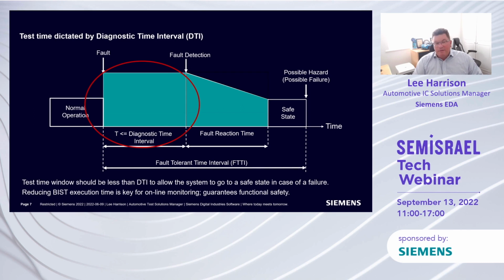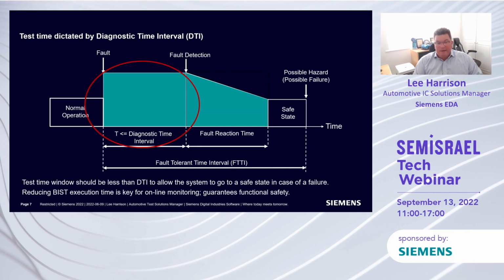The other parts of this graph show that once we've detected the fault, there's a reaction time, and for example, this is the time that the rest of the vehicle systems take to put the device and the vehicle itself into a safe state. So essentially, the flow here is that a fault occurs in the vehicle.